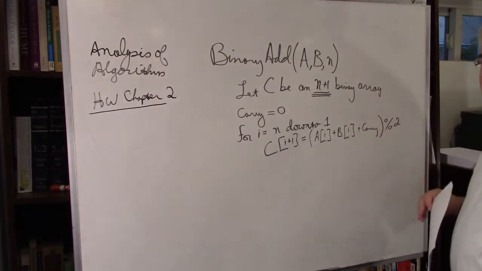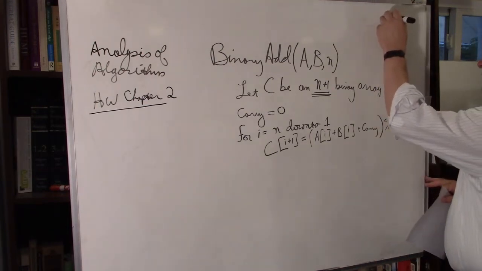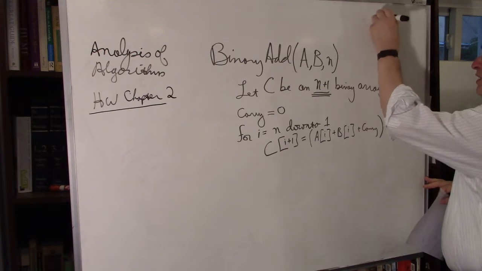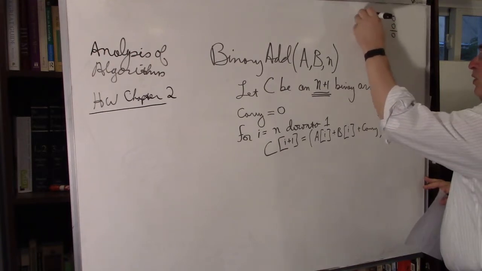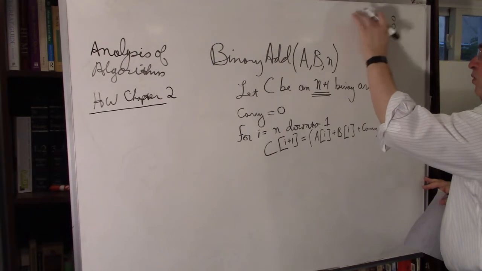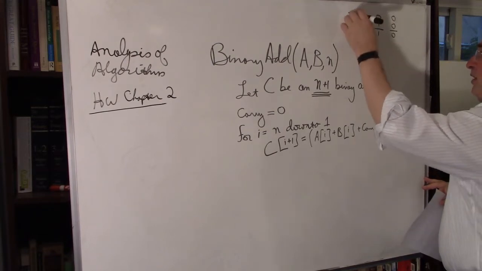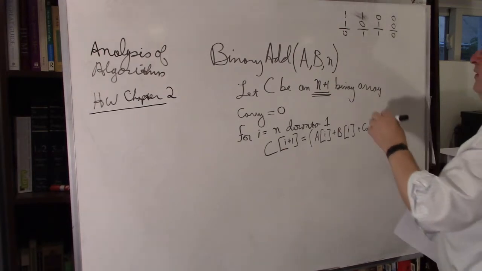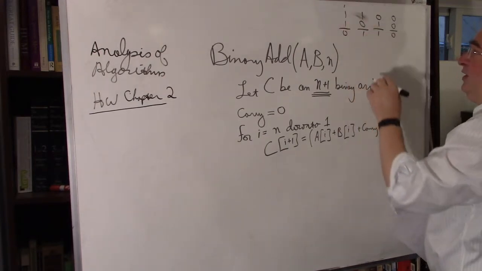So that's what you have. And just to remind you, 0 plus 0 is equal to 0. 0 plus 1 is equal to 1. 1 plus 0 is equal to 1. 1 plus 1 is equal to 0. But here we could add in a third thing.